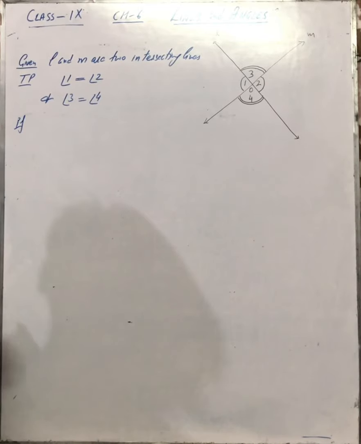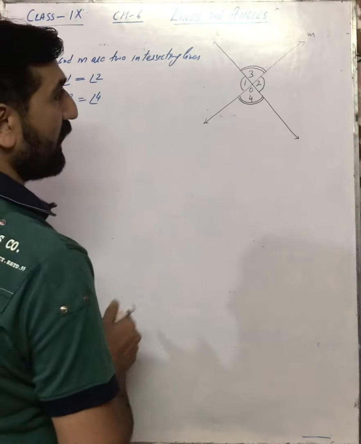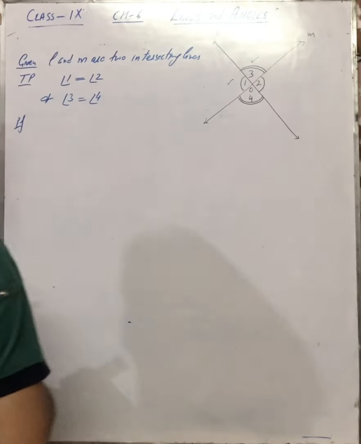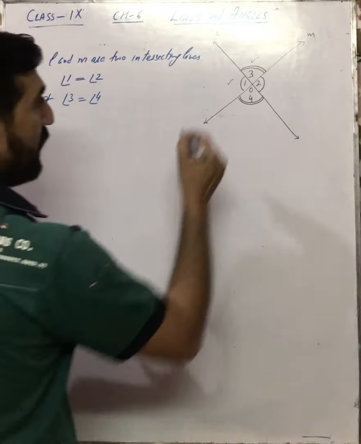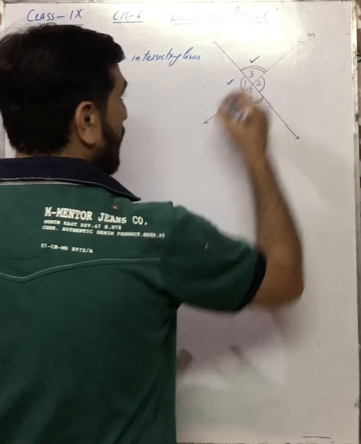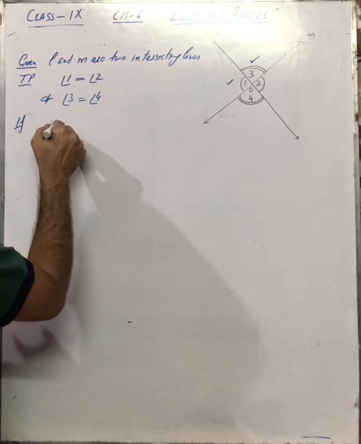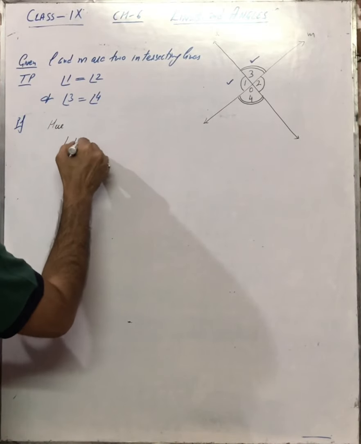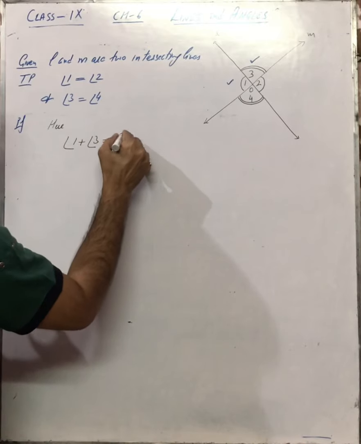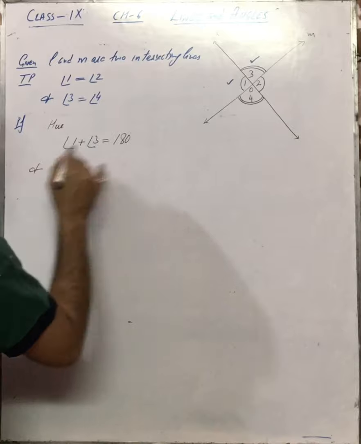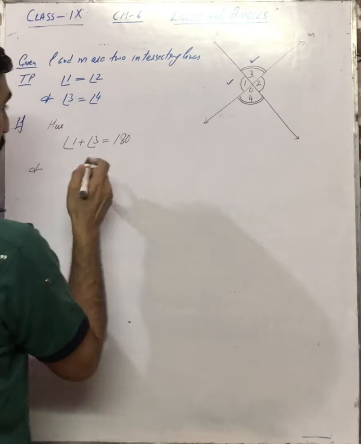Let's prove it. How will we prove it? I just explained linear pair to you. Linear pair means the sum of two consecutive angles is 180 degrees. If you see angle 1 and angle 3, it forms a linear pair. That means their sum will be 180 degrees. Here angle 1 plus angle 3 is equal to 180 degrees. Also, 2 and 3 again form a linear pair.